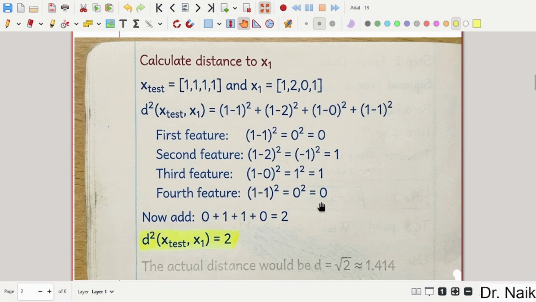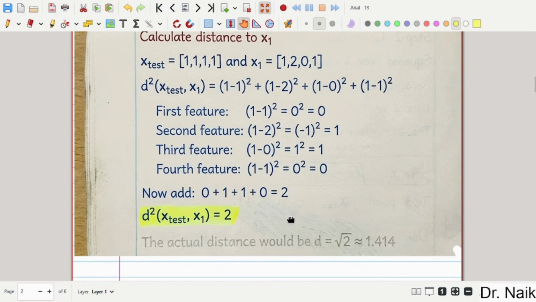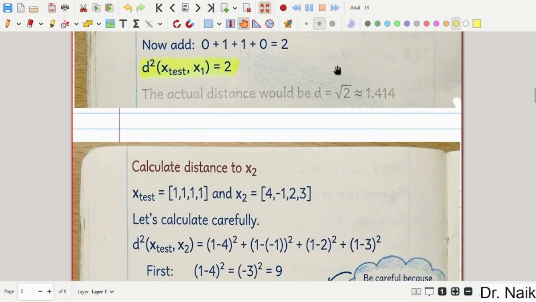Adding 0 plus 1 plus 1 plus 0 gives 2. Therefore d square of x test and x1 is 2. The actual distance would have been d equal to square root of 2, approximately 1.414, but for easy calculation we are using d square.